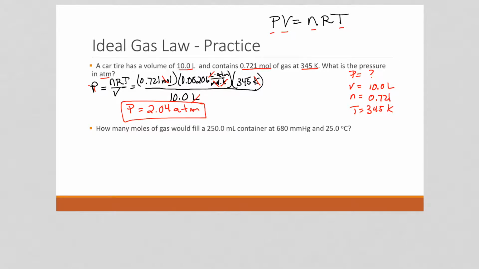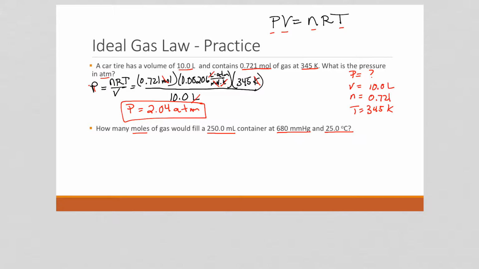Let's try one more example. This one, we want to know how many moles are present given a volume of a 250.0 milliliter container at a pressure of 680 millimeters of mercury and 25.0 degrees Celsius. What I can quickly look at here is my units.